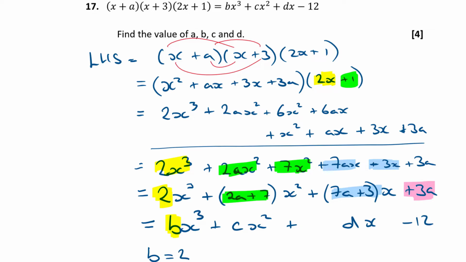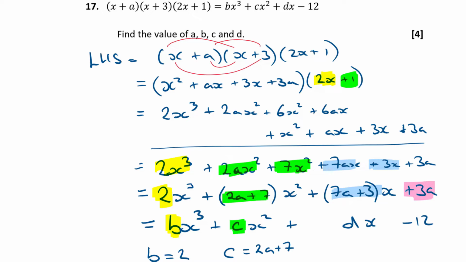From looking at the coefficients of x squared, my left hand side had 2a plus 7, and my right hand side has got cx squared. So 2a plus 7 must be the same thing as c, so I can say that c is equal to 2a plus 7.